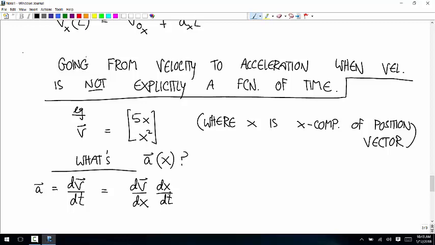But the problem is that if velocity is written as a function of x, you can't just take the derivative and be done like you could if it was written as a function of time. So we use this chain rule thing that says the acceleration is equal to dv/dx times, in this case, the x component of the velocity vector, because the x component of the velocity vector is dx/dt.